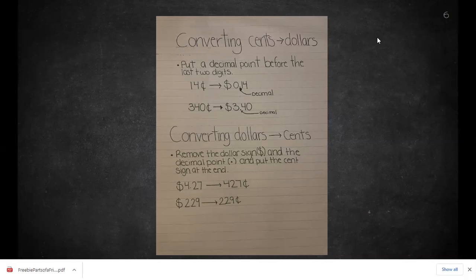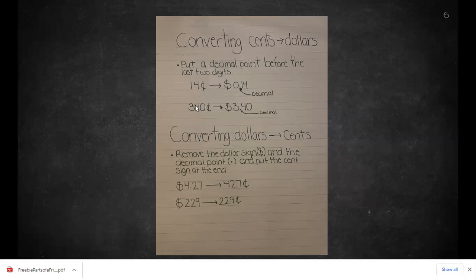So now we're going to move on to converting cents to dollars and converting dollars to cents. When we're converting cents to dollars, we are putting our decimal point before the last two digits. So if we have 14 cents, we're going to make sure that we put our decimal point before the 1, because if we start from the right, we have 4, then 1, and that's before the last two digits of a number.